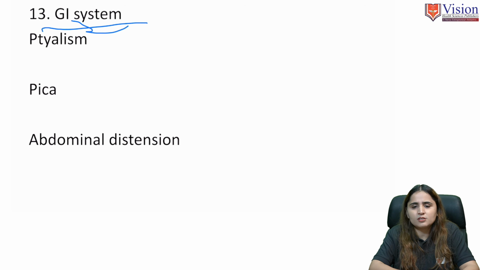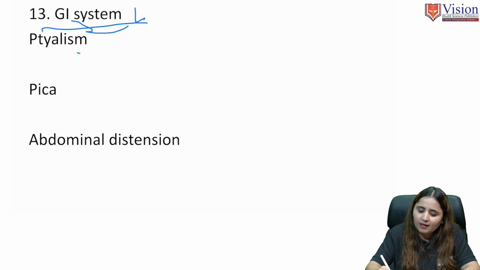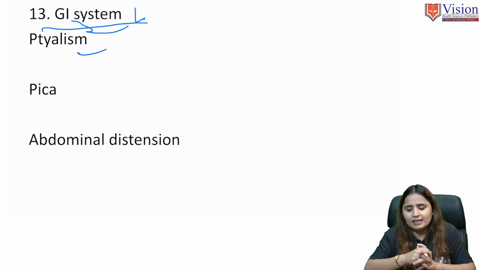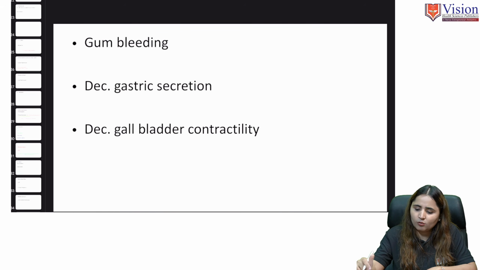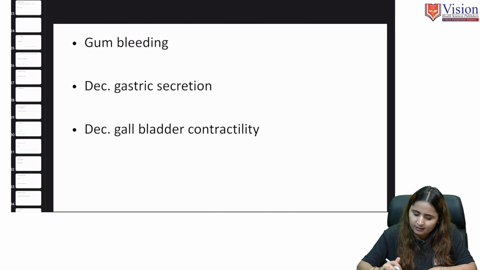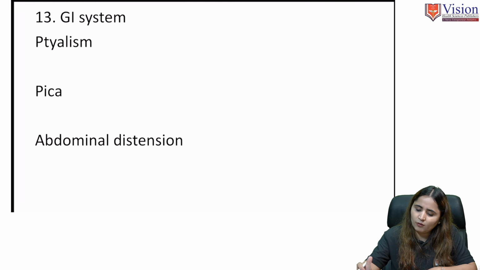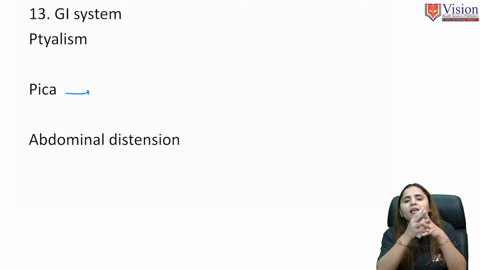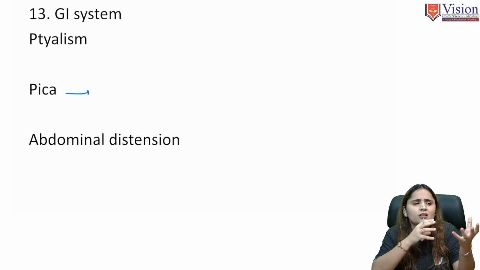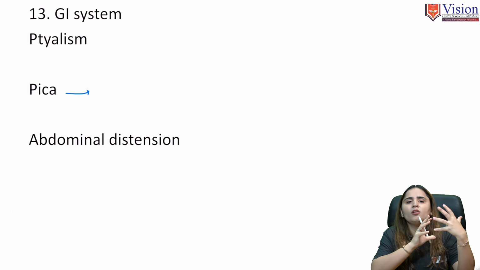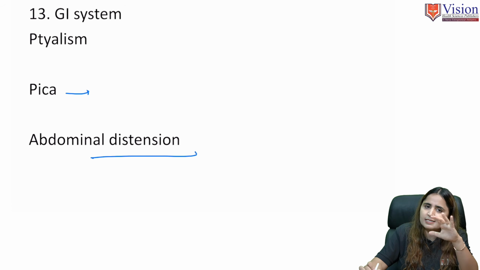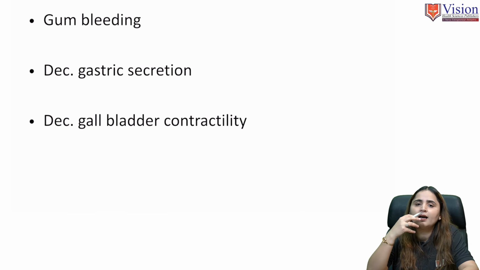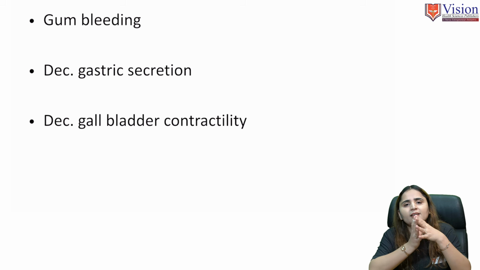And the last changes which happen are in the GI system. The first is ptyalism, where there is an increase in secretion, and there is also pica. We all know it is the excessive craving to eat things like chalk or soil, such non-nutritive things. Then there is abdominal distension in pregnancy, and gum bleeding due to the hormonal effect.